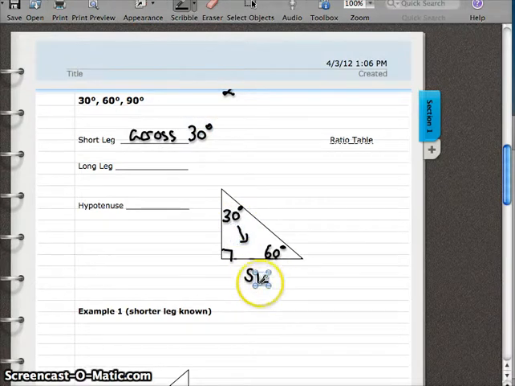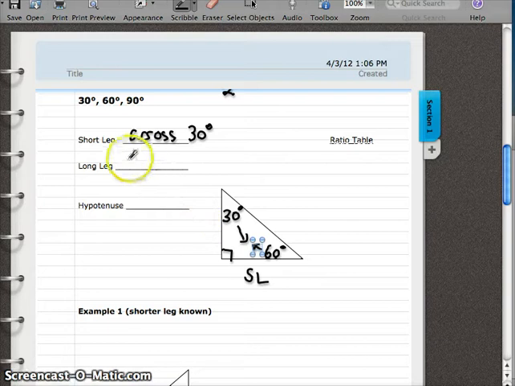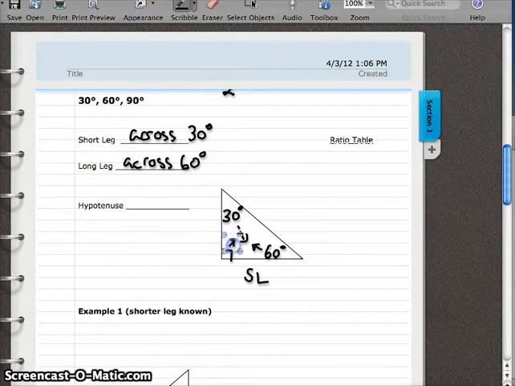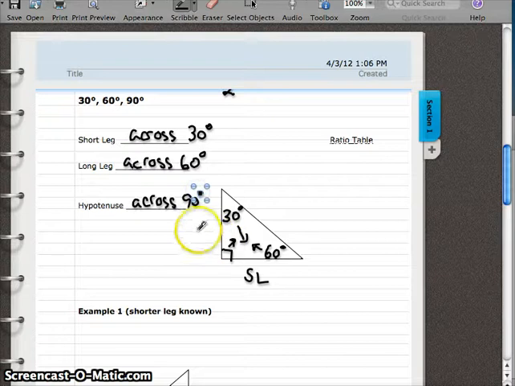And we're going to shorten it up to SL. If you look across from the 60-degree angle over to this side, that's going to be the long leg. So the long leg is across from the 60 degrees. And the hypotenuse is still across from the 90 degrees. So this was our long leg, and this is still the hypotenuse.